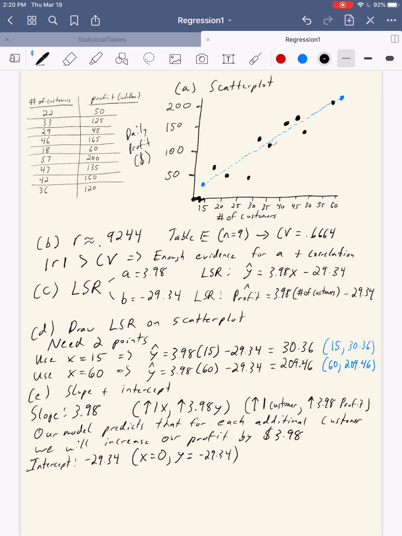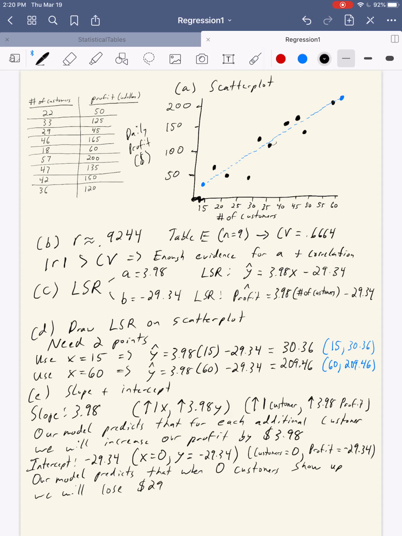Well, what does it mean for x to be 0? That means that when the customers equal 0, the profit is negative 29.34. Okay, now that sounds a little bit weird. How can profit be negative? But then again, we can think about that negative profit as probably a loss, which makes sense if nobody shows up. So what we're saying is our model predicts that when 0 customers show up, we will lose $29.34.